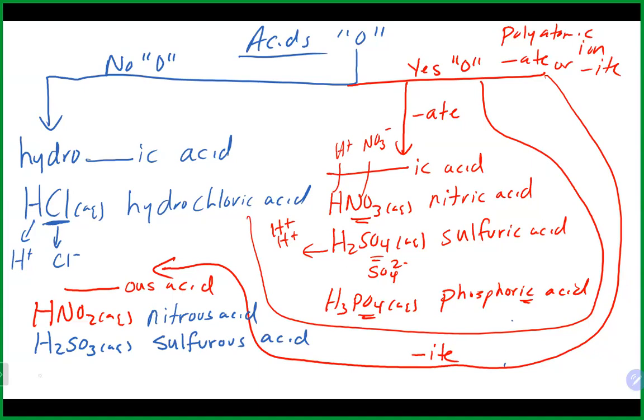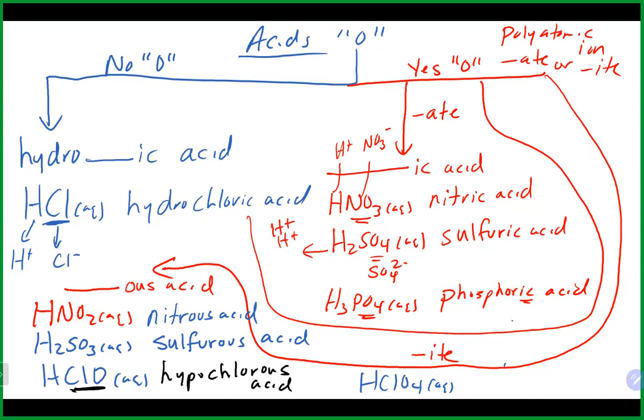How about HClO? What would that one be called? And what would HClO4 be called? Here we see it has oxygen, so that's a polyatomic ion. ClO minus is hypochlorite, and you do keep the hypo in the name here, so this would be hypochlorous acid.